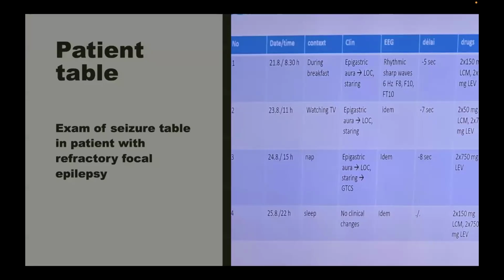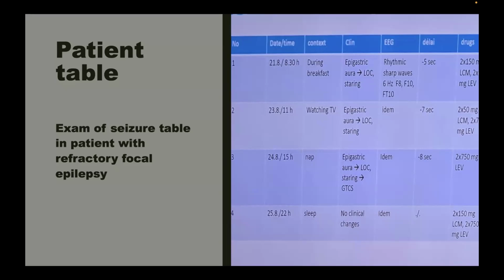This is a table of the patient. The ideal patient for a table is from the group of frontal focal epilepsy. So the time, the clinical, the EEG, the duration and the drug.